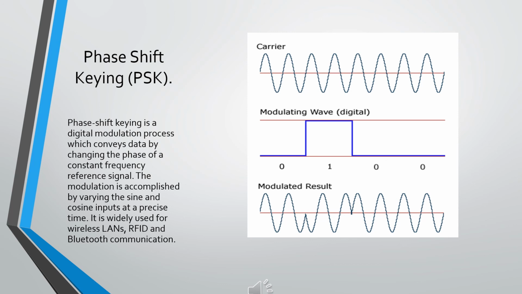If the phase of the bit does not change, then the state of the signal stays the same. If the phase of the signal changes by 180 degrees, then the signal state changes from 0 to 1 or 1 to 0.